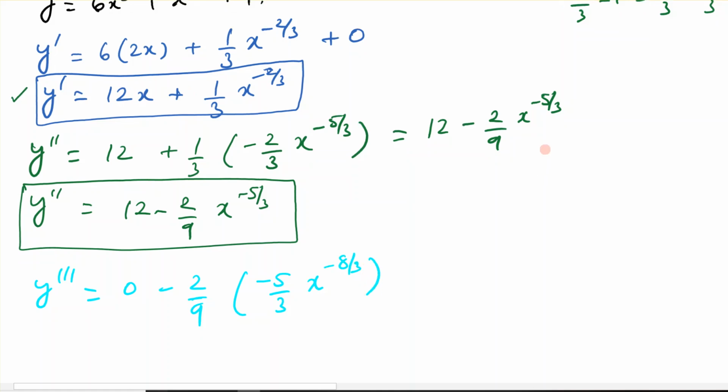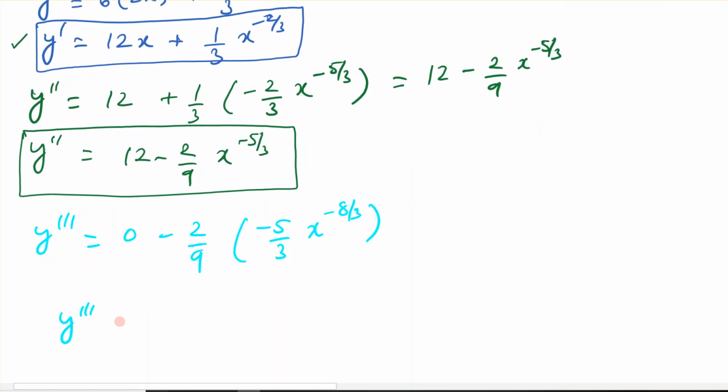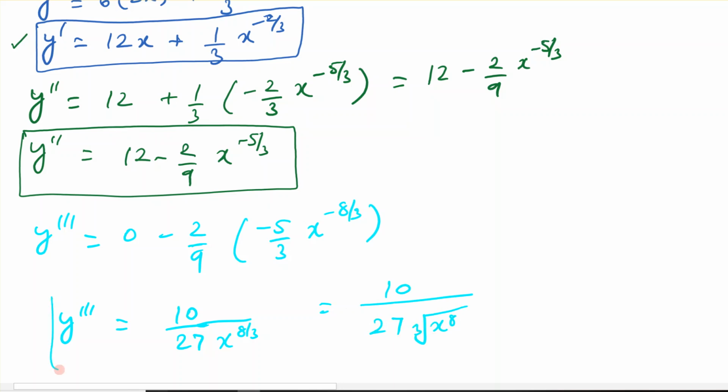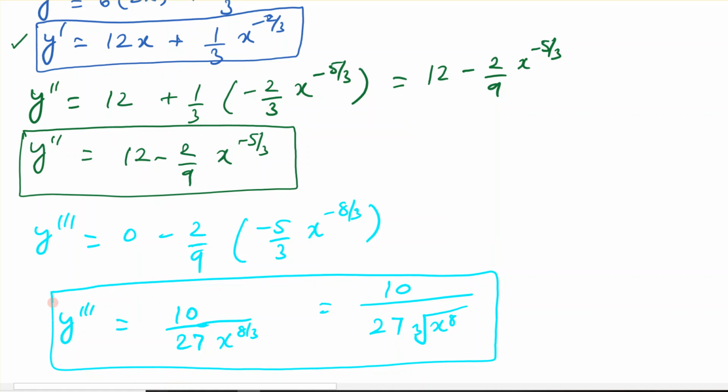So overall, we get the third derivative is equal to 10 over 27 x raised to power negative 8 over 3, or if you want you can write this with a positive exponent, or you can even write this as 10 over 27 times the cube root of x raised to power 8. So any form is fine. So this is our third derivative.